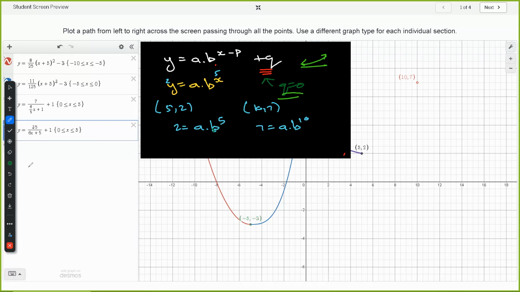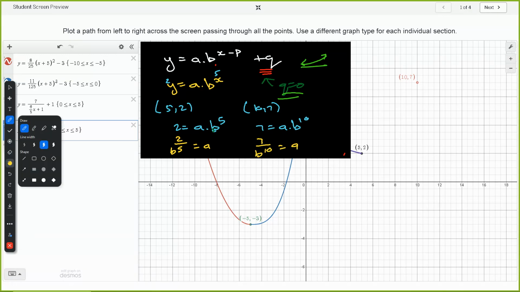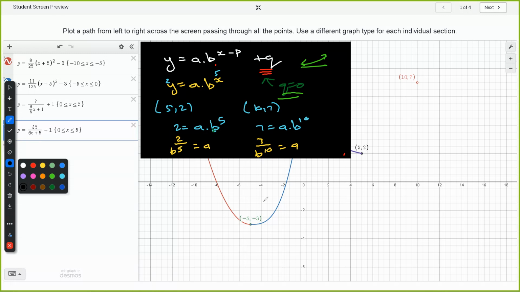If I put a as the subject of the formula using simultaneous equations, I'll get 2 over b to the 5 equals a, and I'll get 7 over b to the 10 equals a. And if I make these two equal, because they're both a, then 2 over b to the 5 must equal 7 over b to the 10.